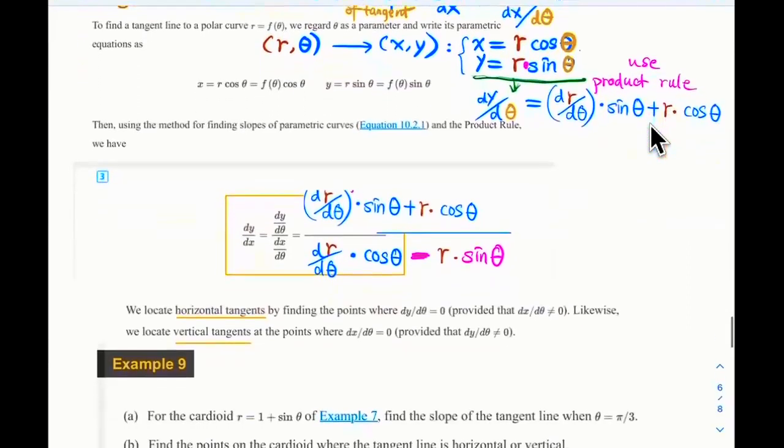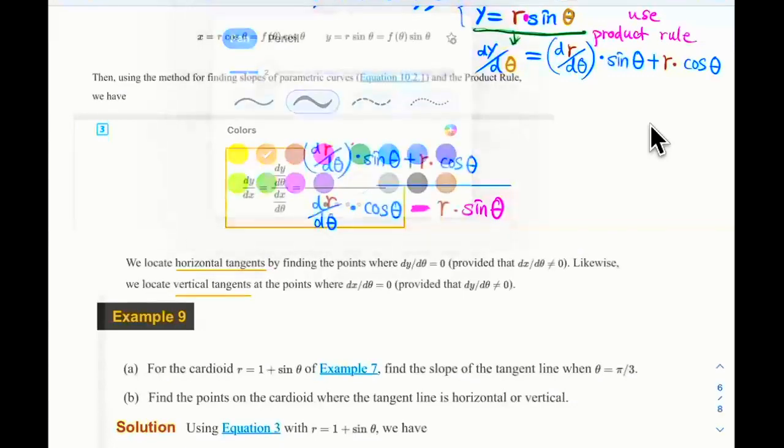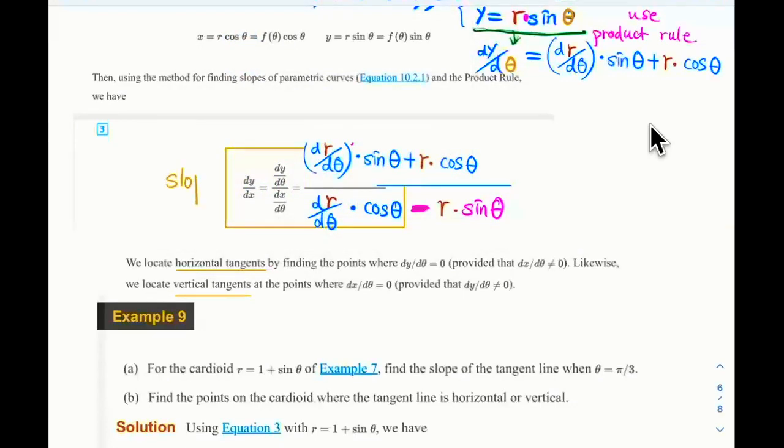Okay, now how do we use it? Well, this is going to be useful. Remember last time we talked about horizontal and vertical tangent. When do we get horizontal tangent? Remember this represents the slope, okay? So this is the slope of the tangent.